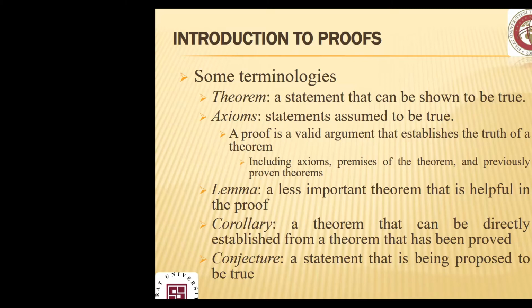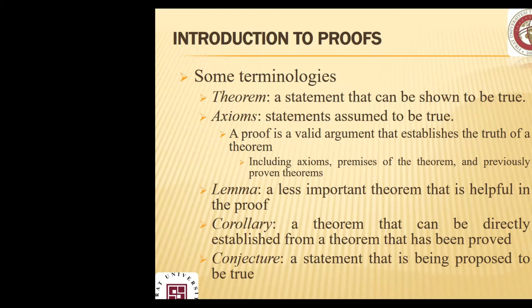We also use the premises of the theorem, relevant statements to the theorem that are also true, and also previously proven theorems. When we start establishing the valid arguments in the proof, we use things or theorems that are already proven. Otherwise, it's not that easy to start from scratch and prove everything on your own.